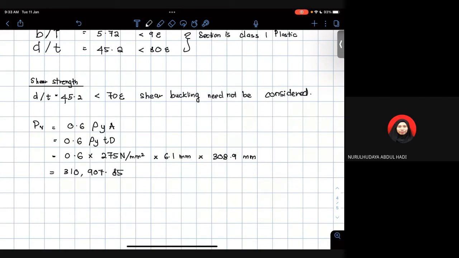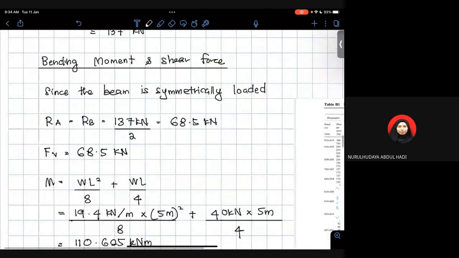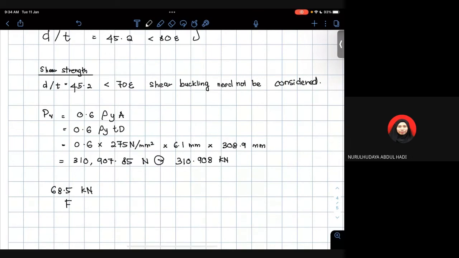This one is in Newton. Kita convert into kilonewton. Value ni kita boleh compare dengan value FV. Our maximum shear force here is 68.5. Ini adalah FV is exactly less than PV. Our PV is 310.908, which means low shear load.